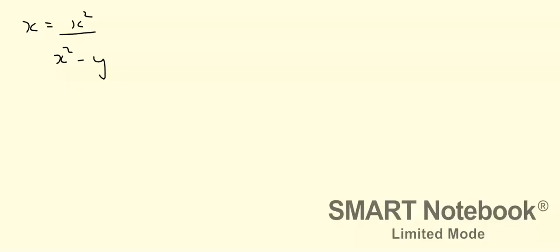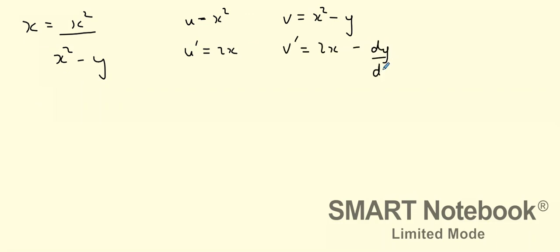Now, this is where everything starts coming together. So when I differentiate x, that's going to be fine. I'm just going to start with u. So u equals x squared and v equals x squared minus y. So u dash is going to be 2x, v dash is going to be 2x minus dy by dx.